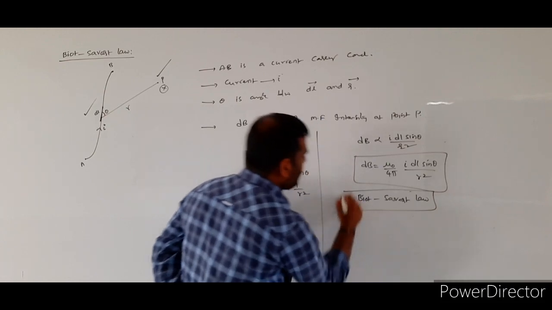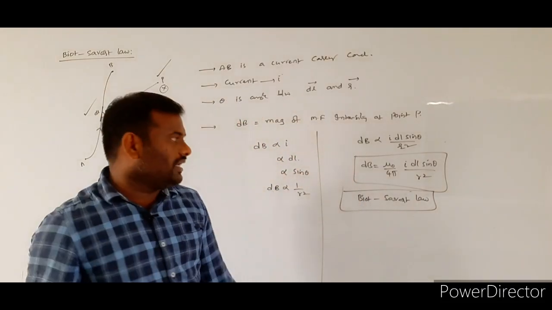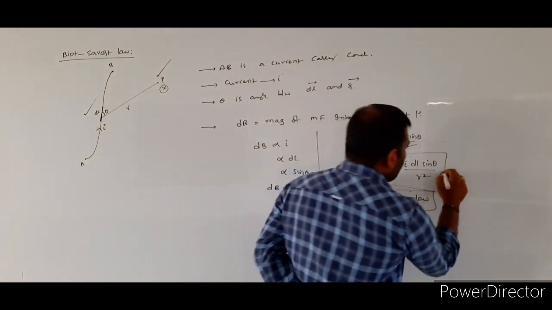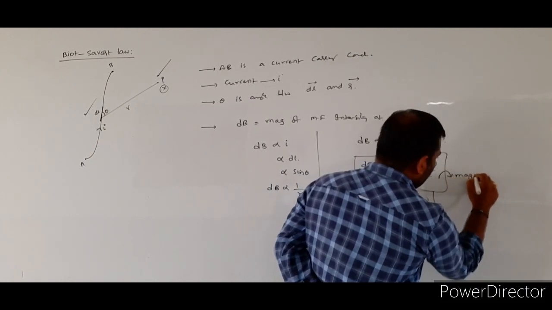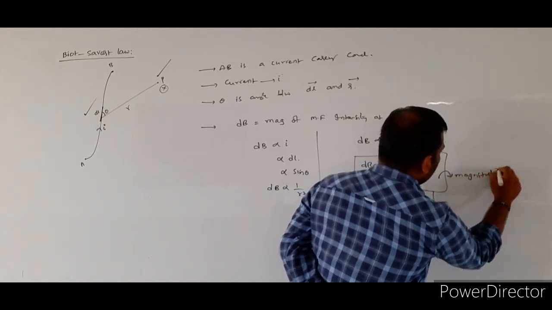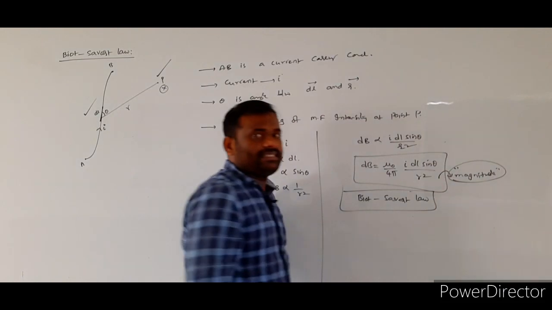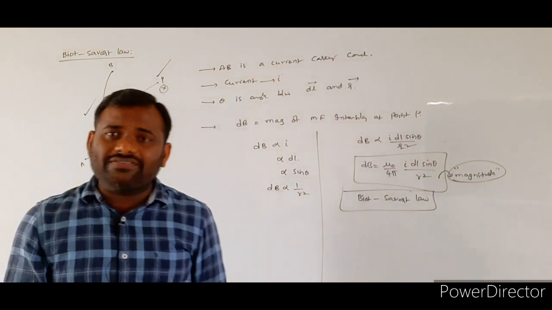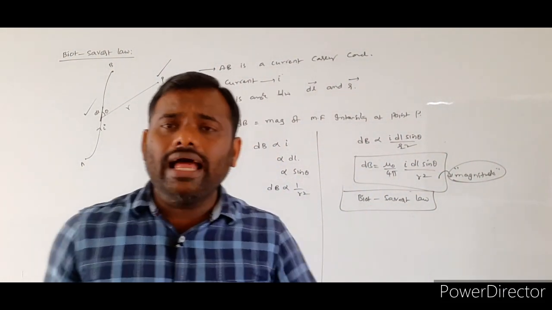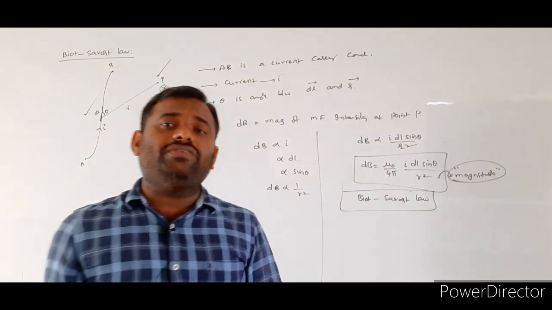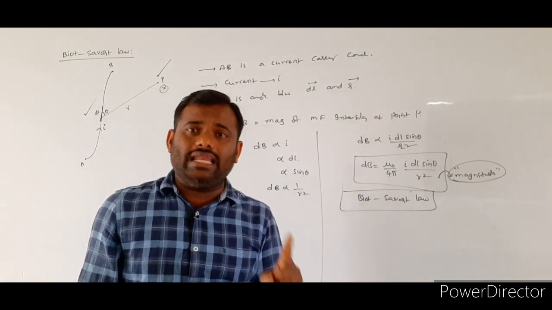This value gives only the magnitude of the magnetic field intensity at the point P due to the current flowing through the small element dl.